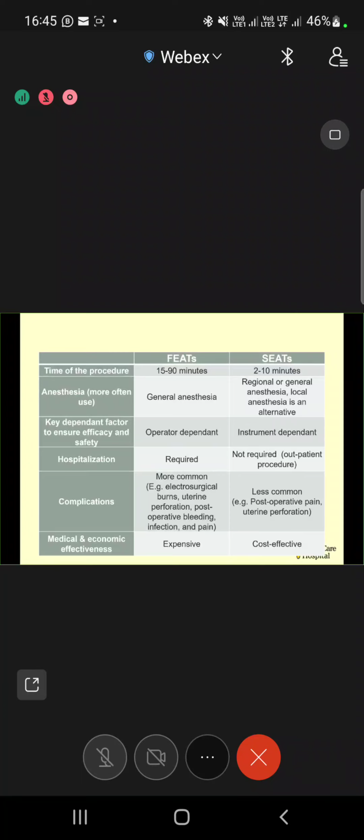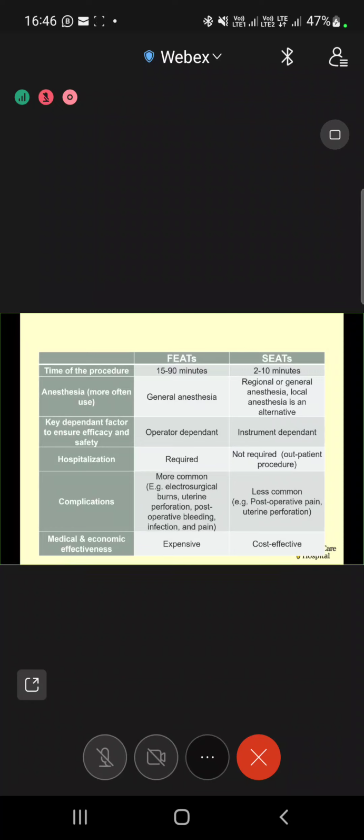The first generation techniques are very heavily dependent on the operator and also on the instrument to a large extent, whereas the second generation is independent of the operator, and is mostly dependent on the instrument.